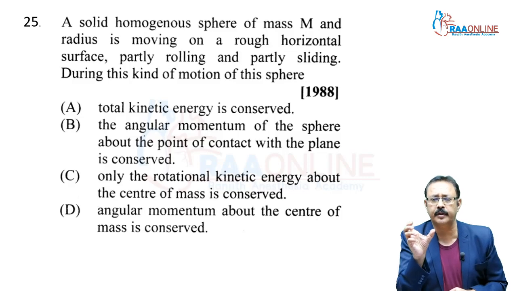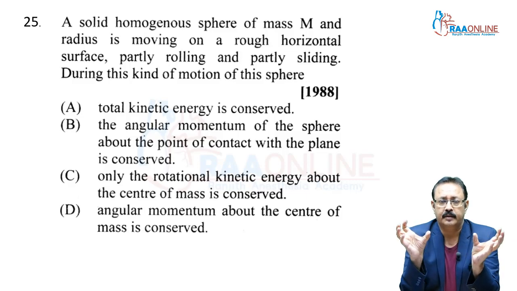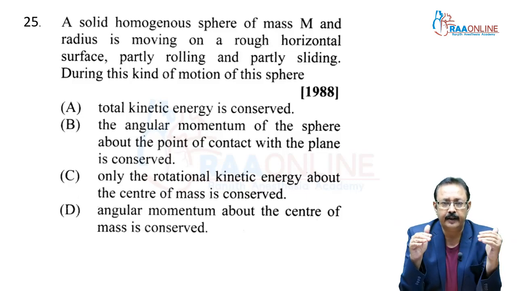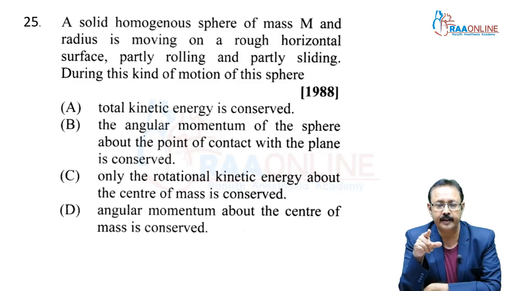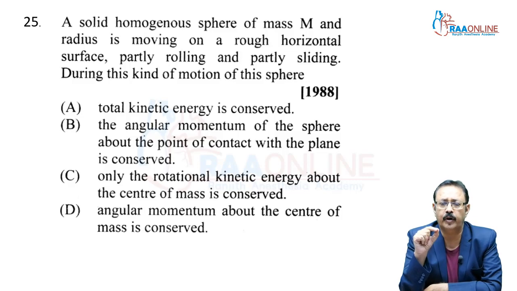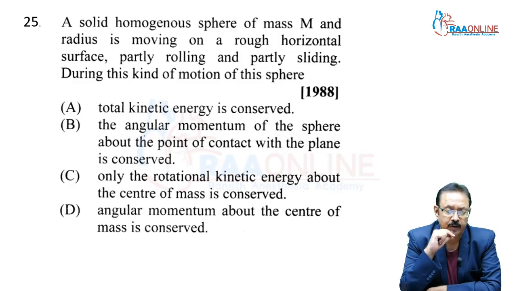During this kind of motion of this sphere, both rotational and translational motion is associated with it. Options: total kinetic energy is conserved; the angular momentum of the sphere about the point of contact with the plane is conserved; only the rotational kinetic energy about the center of mass is conserved; angular momentum about the center of mass is conserved. So what should we go with?